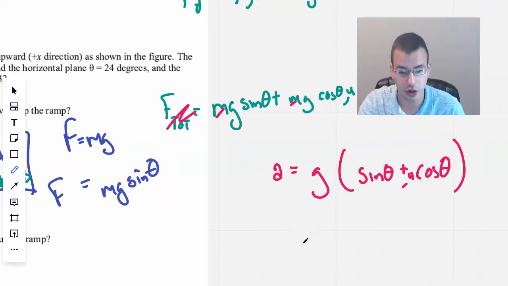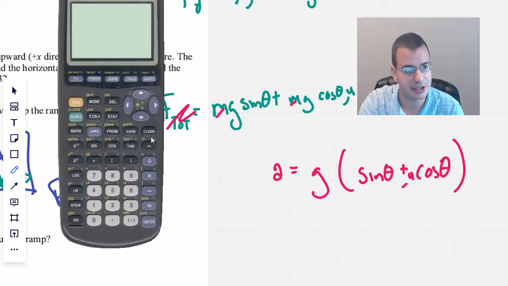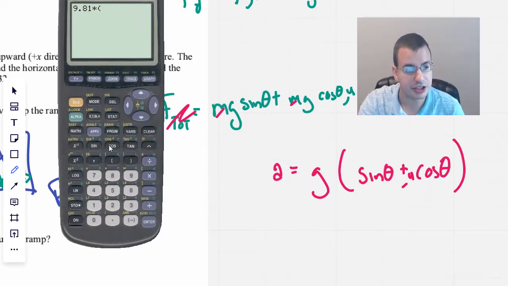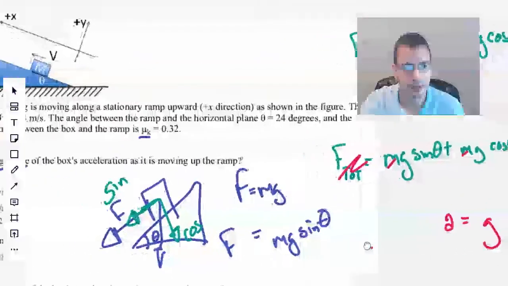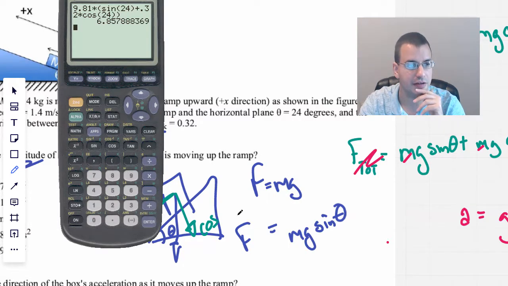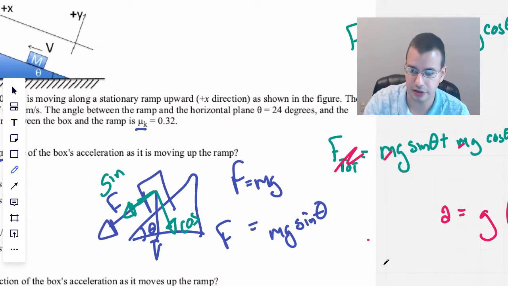We can type this out: 9.81 times quantity, make sure we're in degrees, sine of 24 plus, what is mu? 0.32 times cosine of 24. Make sure I get a sufficient number of parentheses. That gives us an answer: 6.86.